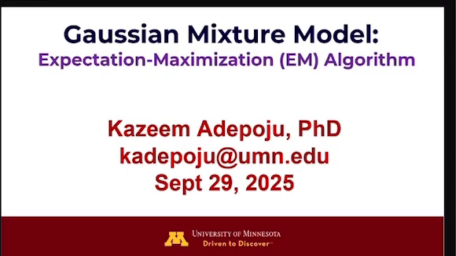I want to welcome you to another algorithm for clustering. All this while we'll be focusing on hard clustering. When I say hard clustering, I actually mean a situation where we are deterministic when we are assigning objects to groups.